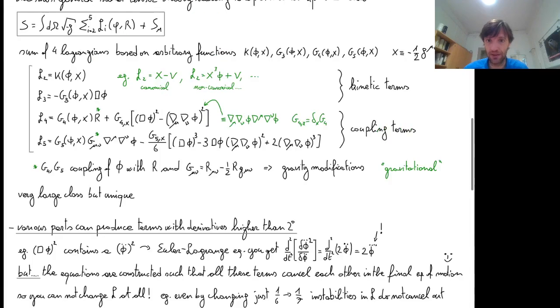Just play the trick, substitute, set G4 equal to 1/2, it means that you would have 1/2 R. 1/2 R, you see, is the Ricci contribution that you expect in the Einstein tensor. And then you have derivatives with respect to the kinetic term of G4, but that's equal to 0. So you have only this contribution.